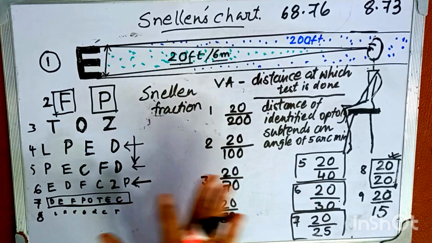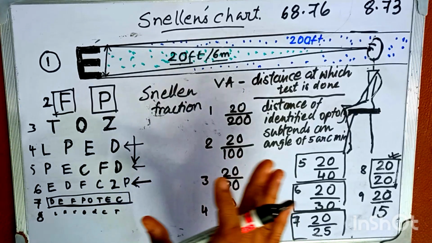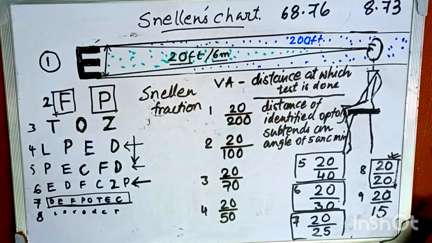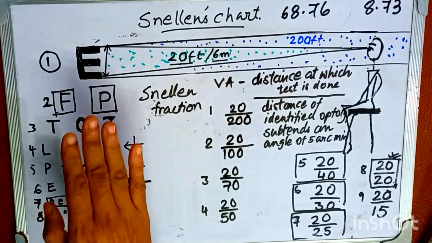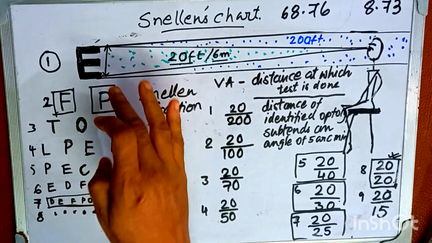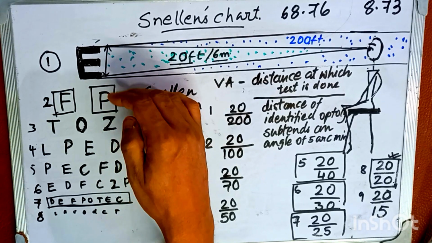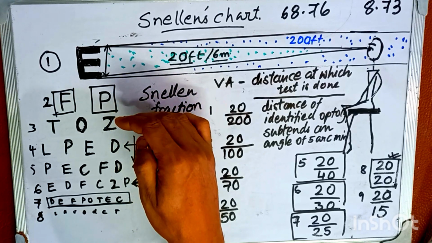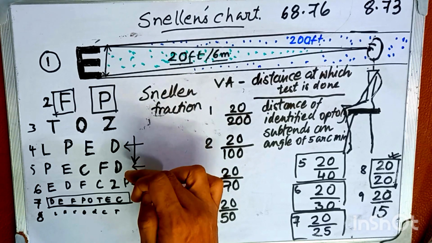What is the basic principle of this optometry and this measurement of visual acuity? The basic principle is why we read some letters from a particular distance. As we read Snellen's chart from top to bottom, the letter sizes are diminishing.